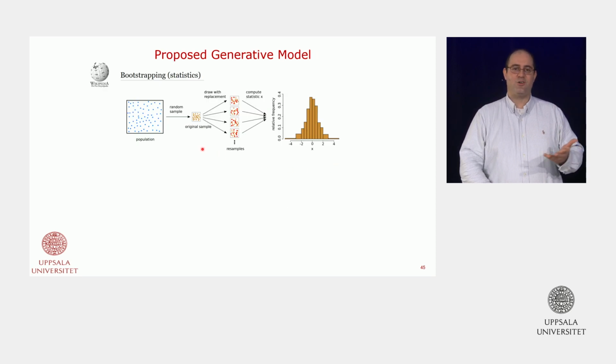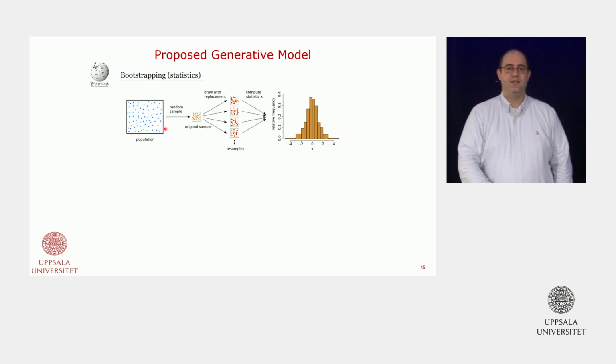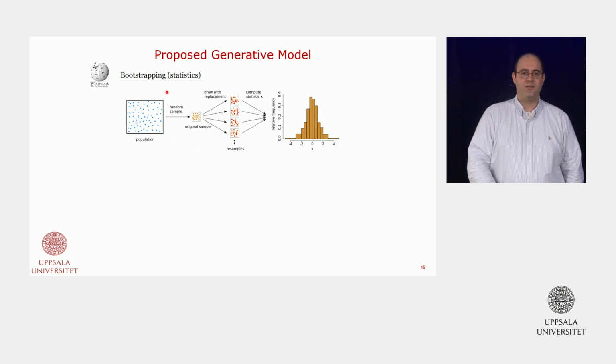The basic idea of bootstrapping, for those of you who may not have been aware of it, is that each time we conduct statistics, we have a population, and then we take a specific sample. The sample is always limited, or most of the time very limited, compared with the population, and it may give you a specific distribution. The question is: is this distribution fair, in the sense that it really represents the population, or is it a biased sample?